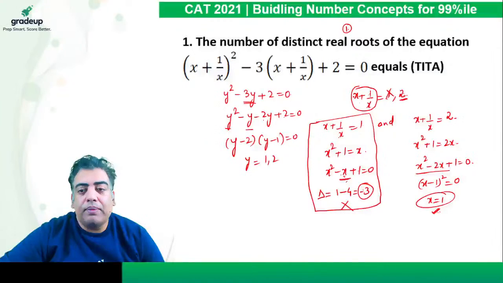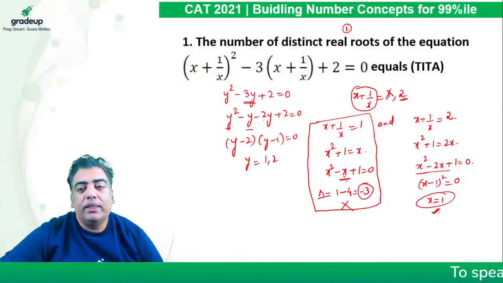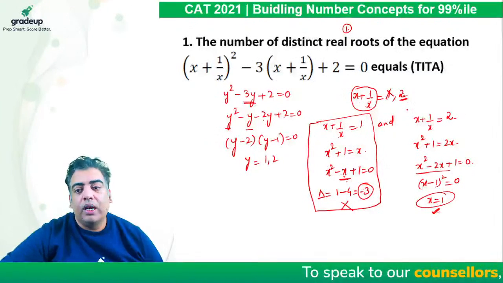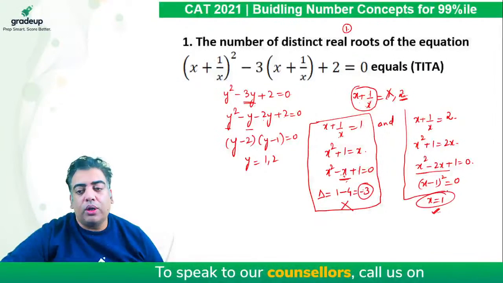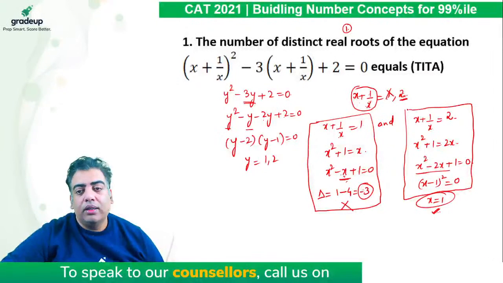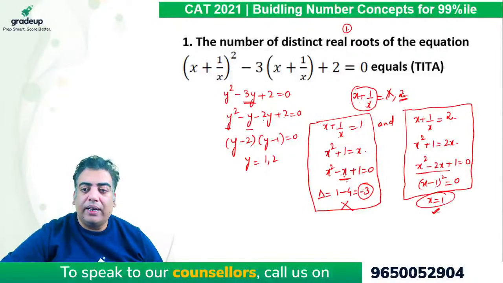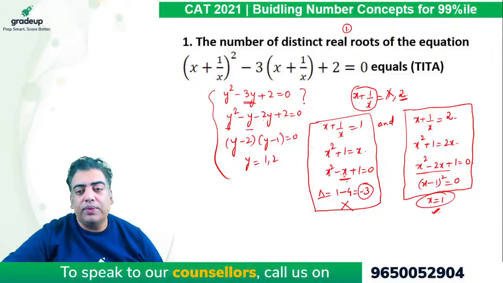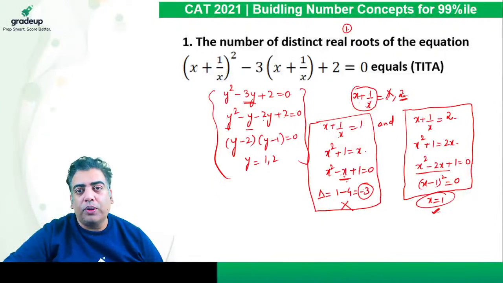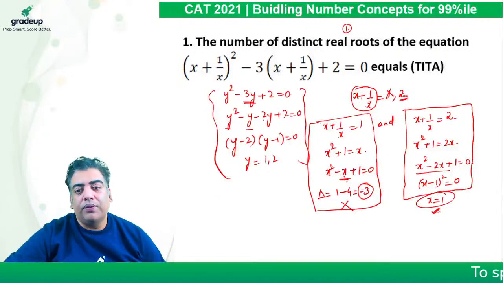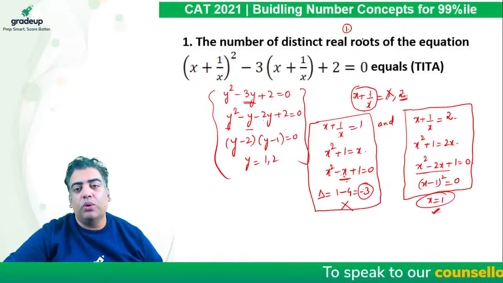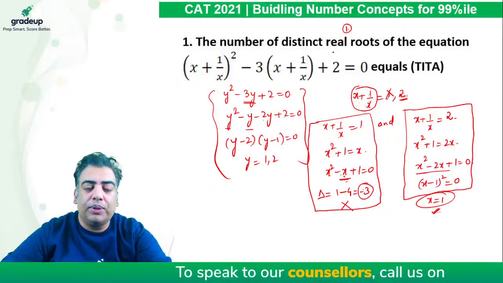Please always keep in mind, when x is 1, only then it will be 2 equal to 2. So again, we were not required to solve it like this. If you can memorize these values, the job becomes even easier. Just by solving this much, we can say that 1 is not possible, 2 is possible if and only if x is 1. So there is only one real root of this particular equation.